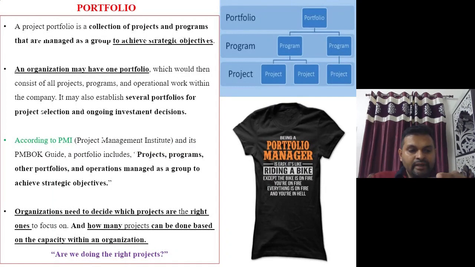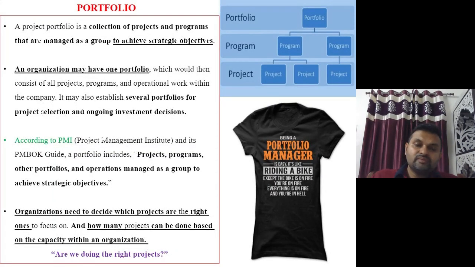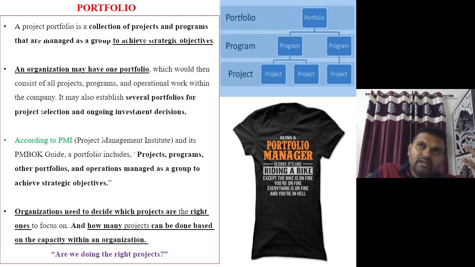They want to go for 1,000 crore of turnover, right? Now the challenge is how they can take care of it. So they say if we want to double our turnover within the next 5 years, that is the strategic objective.